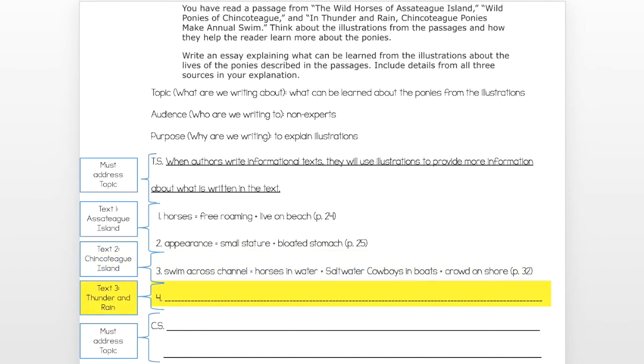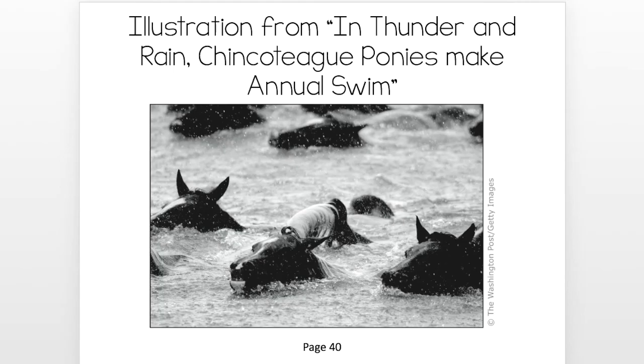Okay, let's take a look at our detail 4. This is coming from our third text, which is called In Thunder and Rain, Chincoteague Ponies Make Annual Swim. So this text actually only has one illustration. Here it is. So the thing that's really different about this illustration that we noticed during our first read is we're seeing this element of extreme weather.